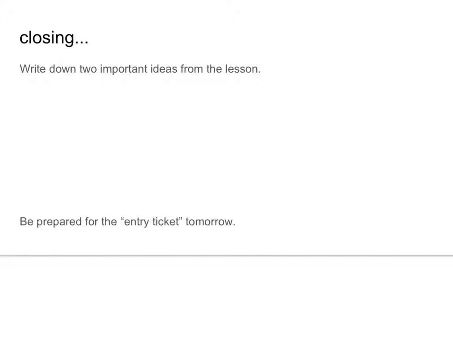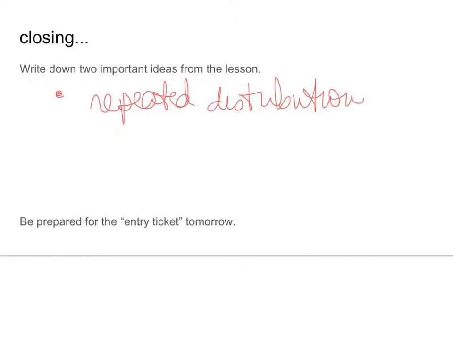In closing, let's write down 2 important ideas from the lesson. First of all, we learned about multiplication of 2 polynomials. It's performed by repeatedly applying the distributive property and combining like terms. So, multiplication of 2 polynomials is repeated distribution and combining like terms.